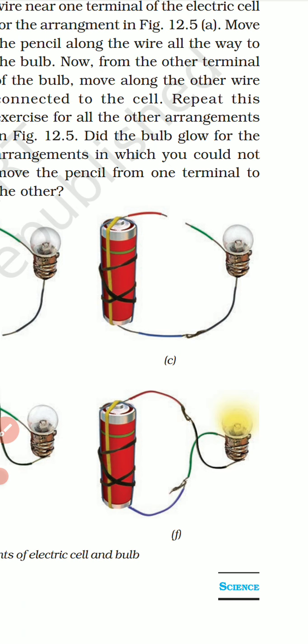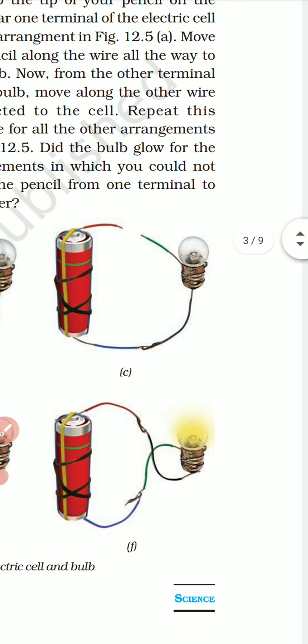One terminal of the bulb should go to the positive terminal, and the other terminal of the bulb should go to the negative terminal, and there should not be any break in between, or it shouldn't be broken from any side. If it is so, then the bulb will not glow.